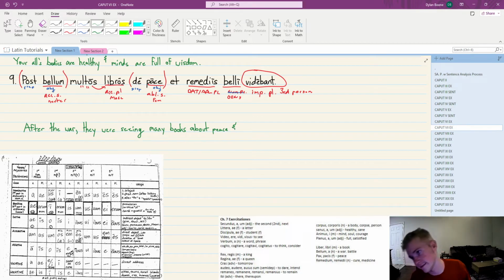Remedies belli. So we know belli doesn't have to be a genitive singular. So it's probably modifying remedies. And here's actually one where we may not have thought that this is part of a prepositional phrase, but actually the prepositional phrase extends to remedies. So this de is going to both pace and remedies. So it's an ablative plural.